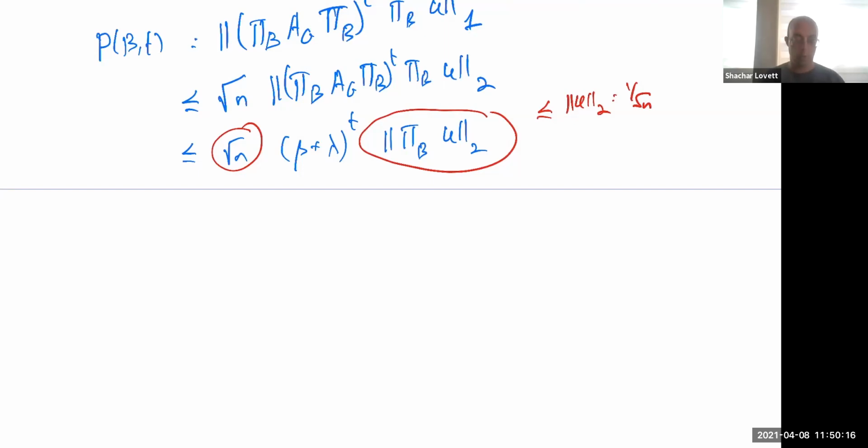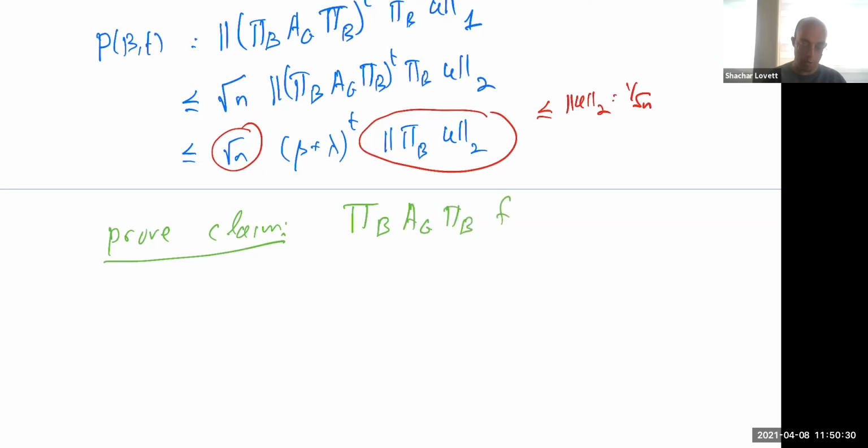Okay, so now I want to go back to green. I want to prove the claim. Just to remind you, it said that pi b, ag, pi b contracts any vector f in L2. Now, if you remember for ag, what do we know?